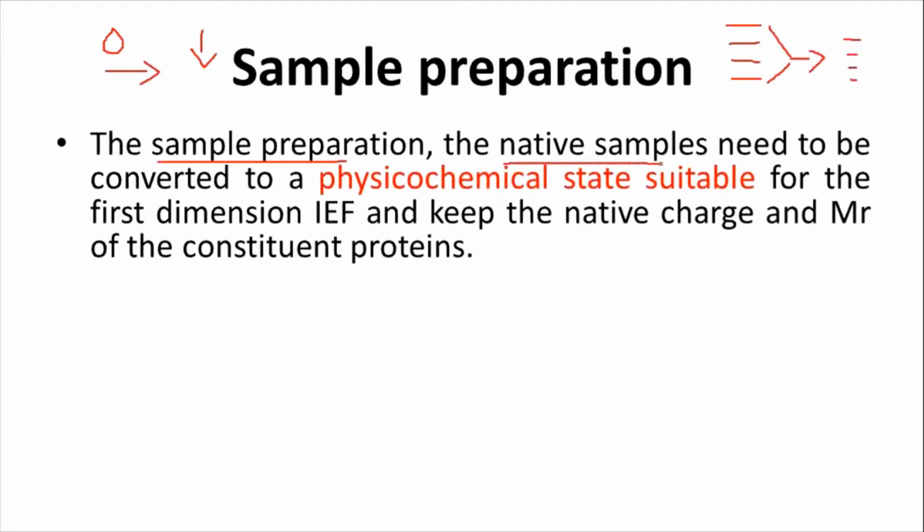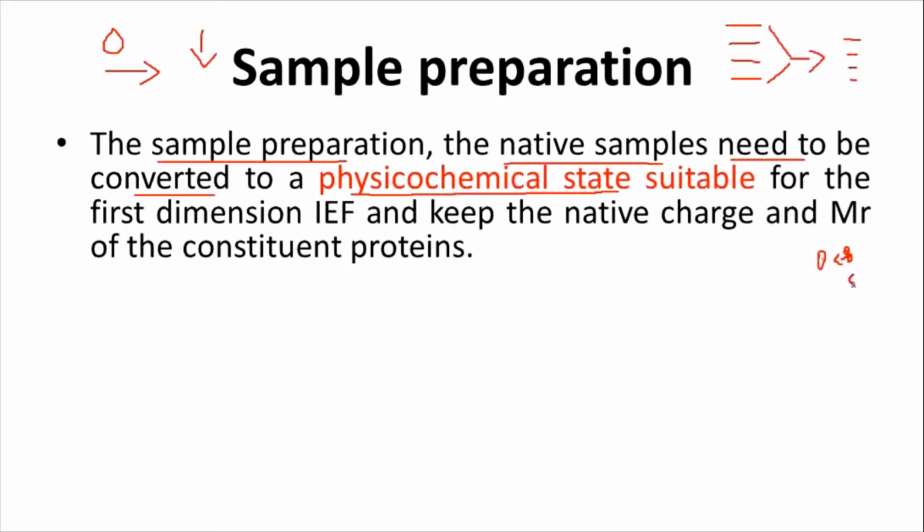Suppose you are taking native samples. Native samples means where the protein is placed, either from a different environment. Yes, native needs to be converted. Some physiochemical state. Suppose you take a quaternary structure of protein, you denature the protein.